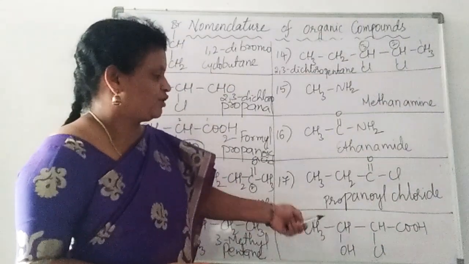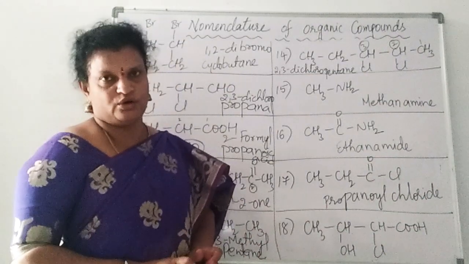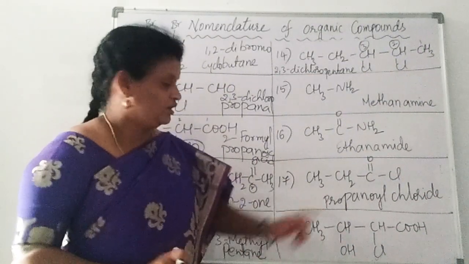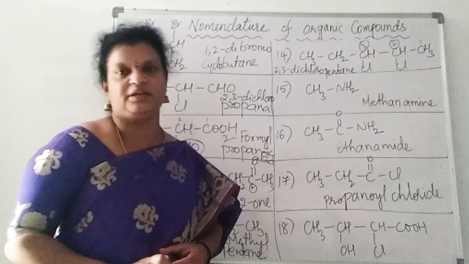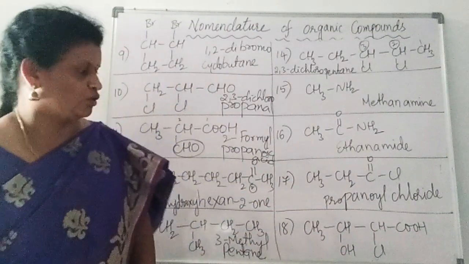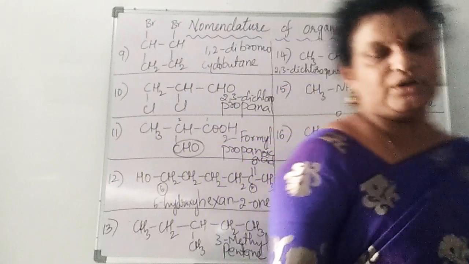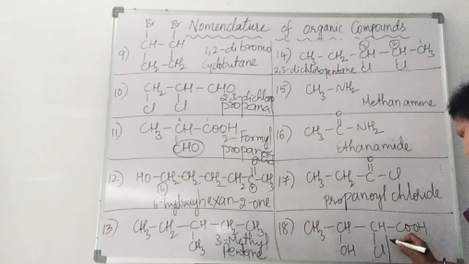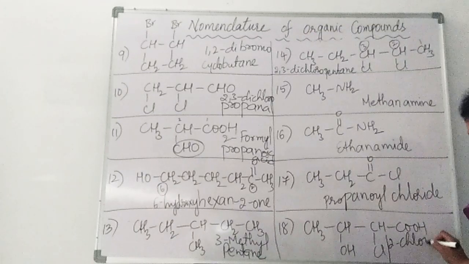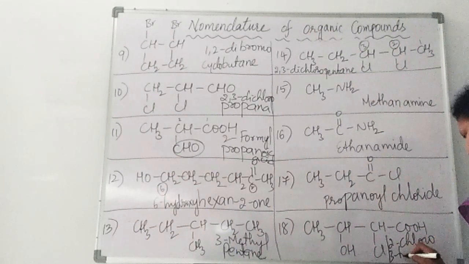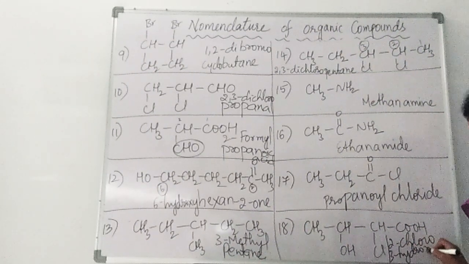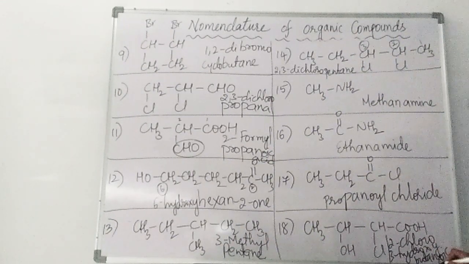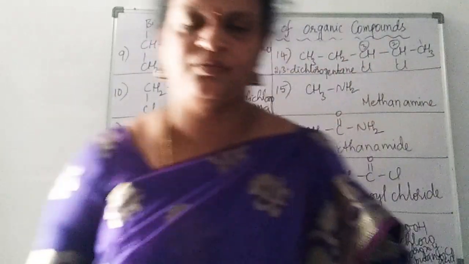Chloro. So that is what we will write here: 2-chloro 3-hydroxy butanoic acid. That is the name we are going to write. 2-chloro 3-hydroxy butanoic acid. Right?